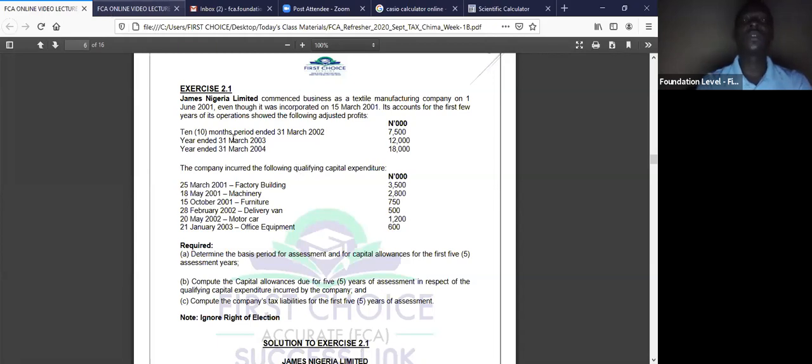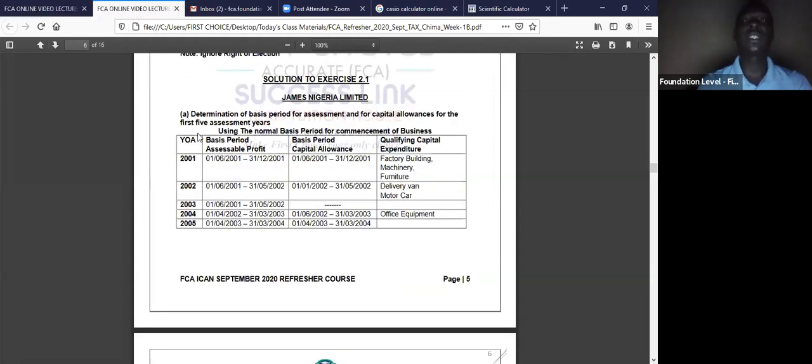Now, the business started on June 1, 2001, isn't it? And we were told that in commencement rule, the basis period is from the date the business started to 31st December of that same year.